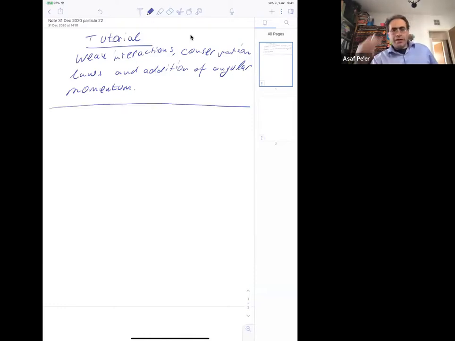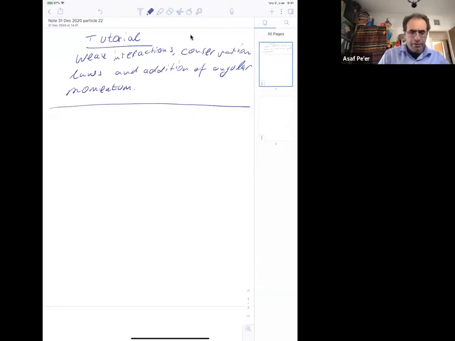So we saw that the weak interaction, I'm going to have some thorough discussion about the weak interaction once we finish the discussion about the QCD Lagrangian. The weak interaction has some very interesting properties, which makes it different than all other interactions, the electromagnetic and the strong. And here we're simply going to learn a few more properties of the weak interaction.